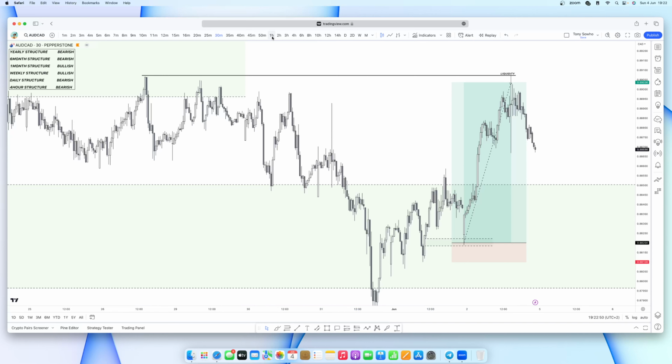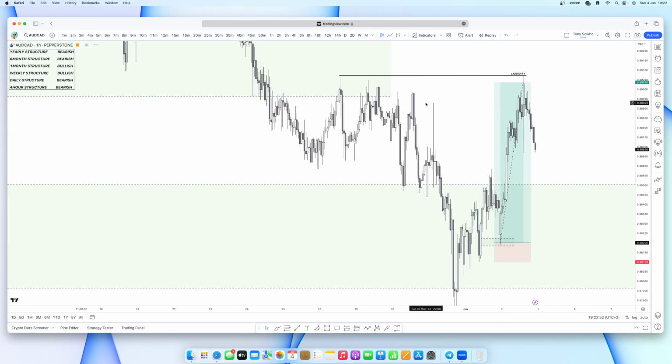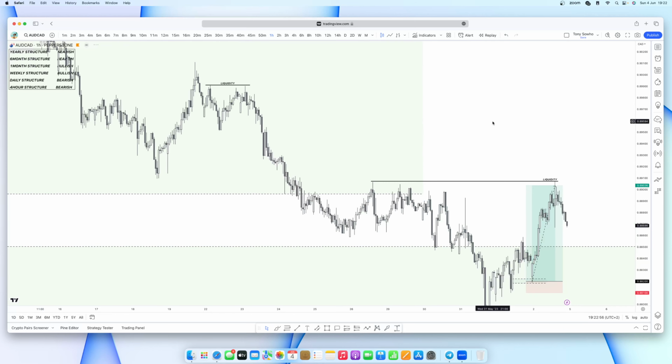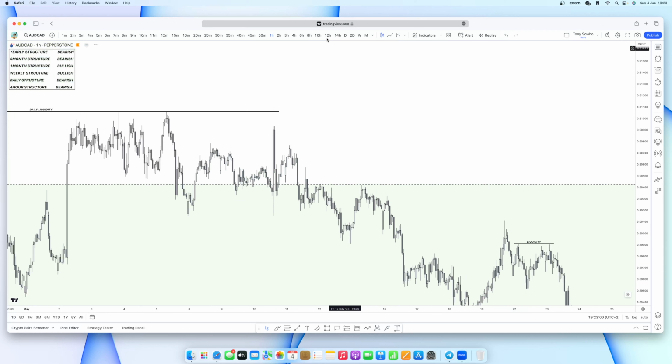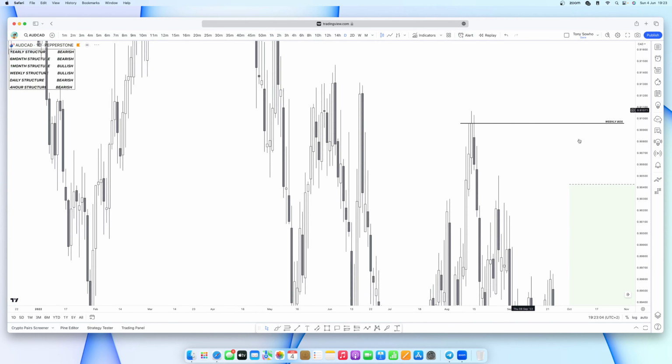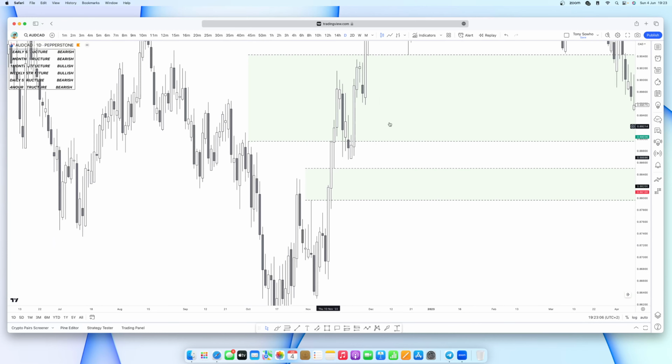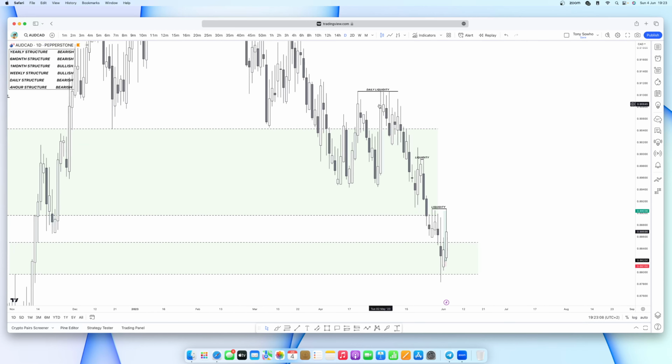This is another liquidity, and this is why I believe AUD CAD is still going to go to the upside. And aside from that, we also have this liquidity here. I think there's a bigger one on the daily up here. You see this one, the first one, the second one, and the third one.